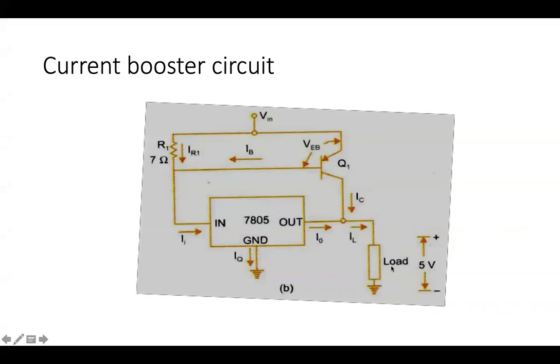Which means across the load we have the collector current, and then we have the node current, and I naught is the output current from the IC 7805. So if I have to calculate, it should be across the load, with respect to ground.